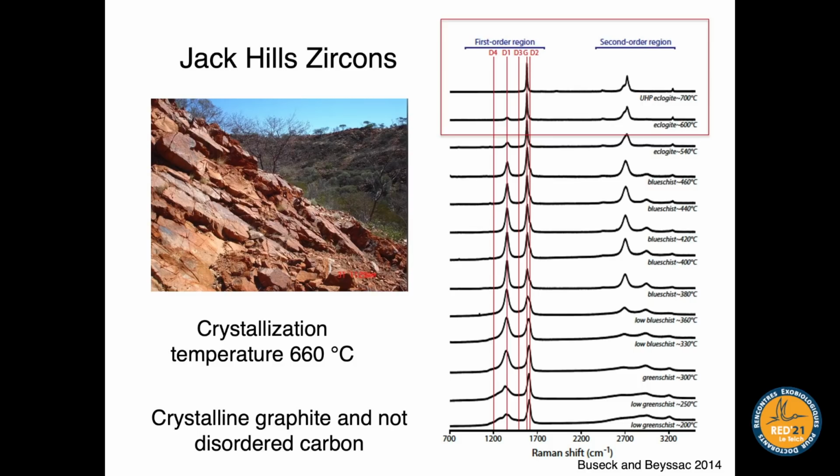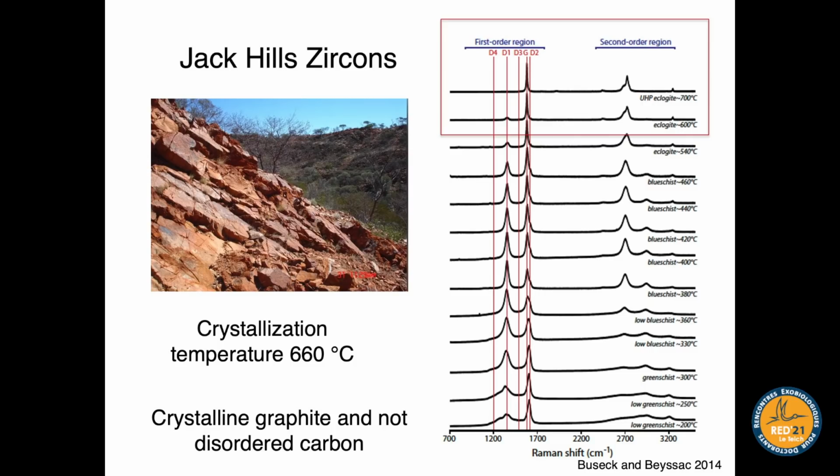Here on the right panel you can see the evolution of the Raman spectra. Basically, we are looking at the structure of the organic matter at different temperatures. The Raman spectrum we should have for this kind of Jack Hills zircon should be almost at the top, a very sharp one with only one band of carbon.